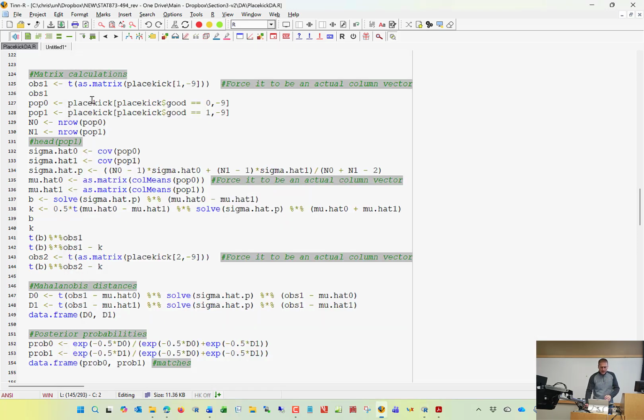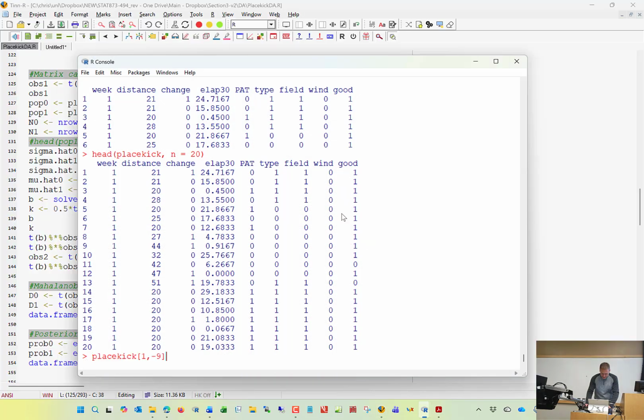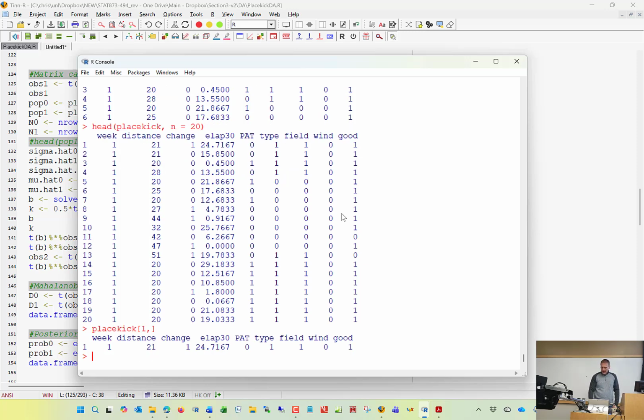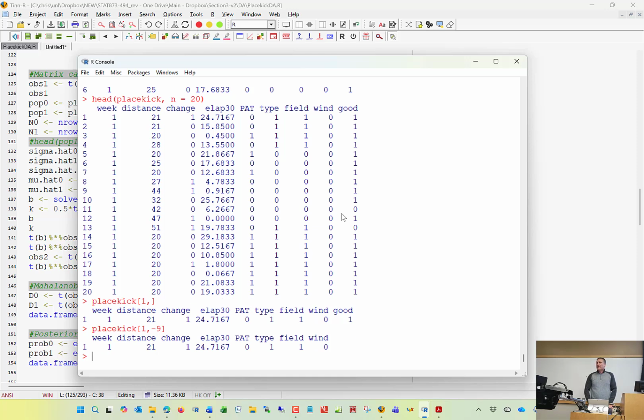So to pull it out, I can say I just want row 1 of place kick. But also I do not want the good column, which happens to be column 9. So I can say -9 and not include the good column.